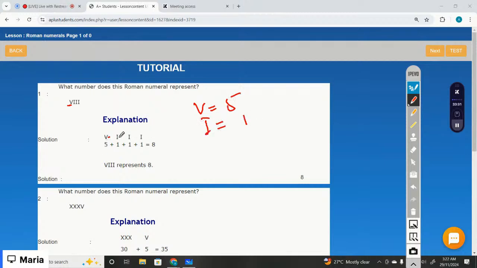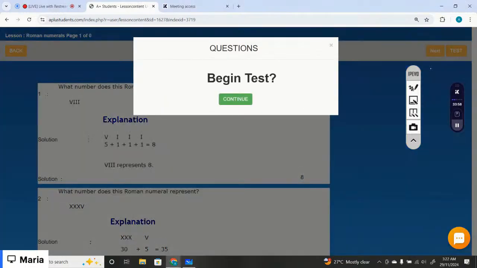So that is V I. V is for 5, I is for 1, then 1 and 1. So you need to add, that is 5, 6, 7, 8. So the correct option is 8. Let's just start with the test questions.